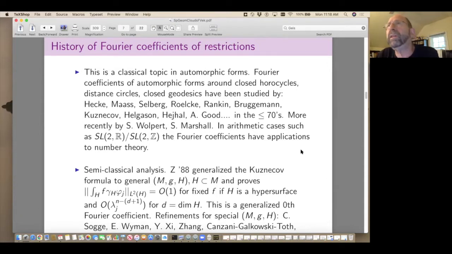Now, the earliest ones, which are due to people like Hermite, have to do with Fourier coefficients on closed horocycles for the upper half plane mod SL2Z. So you have a one parameter family of closed horocycles, and you can study the Fourier coefficients on these horocycles. And this is almost always the starting point of any paper about cusp forms for SL2Z.